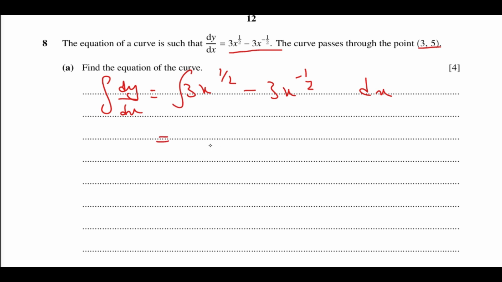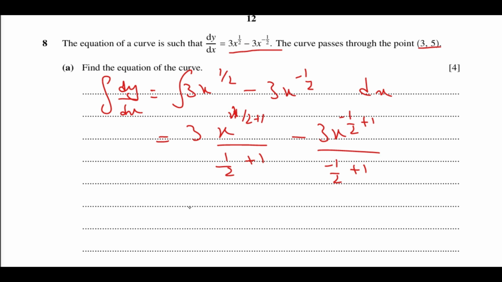For this integration, 3 will be taken out and the power will be increased by 1. So 3 x to the power half plus 1 over half plus 1, minus 3 x to the power minus half plus 1 over minus half plus 1. We will get from here 3 x to the power 3 by 2 over 3 by 2 minus 3 x to the power half over half plus c.